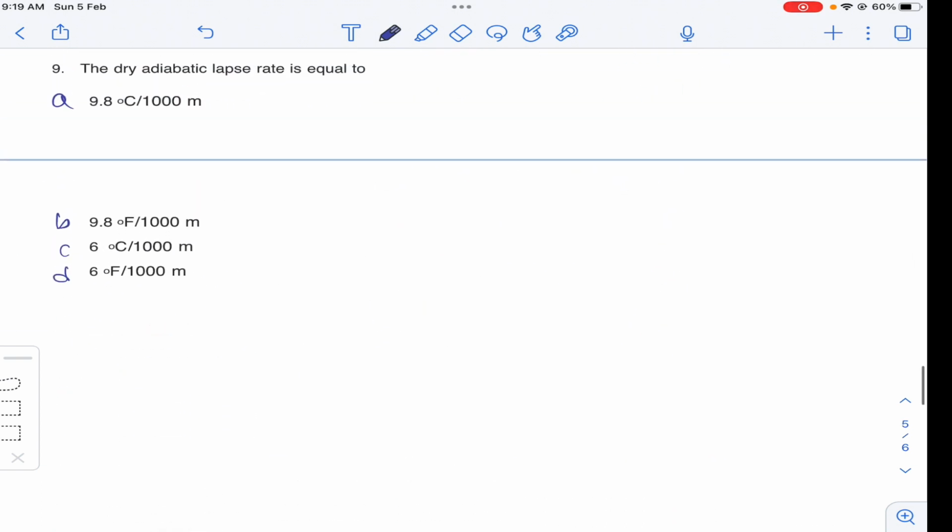Coming to question number 9. Dry adiabatic lapse rate. So dry adiabatic lapse rate means when we are moving from bottom to top, air temperature decreases, and even pollutant temperature will also decrease.